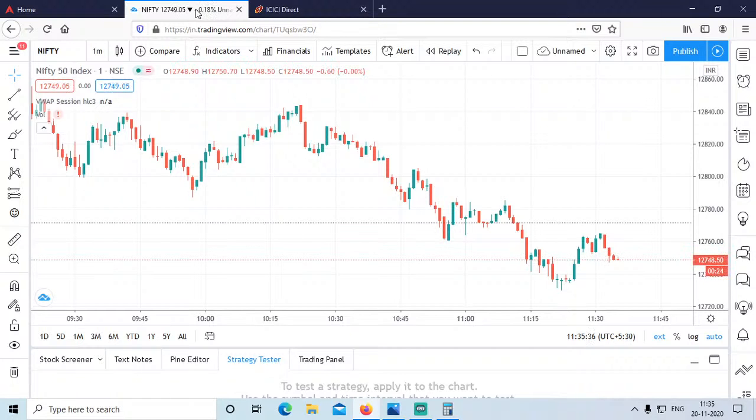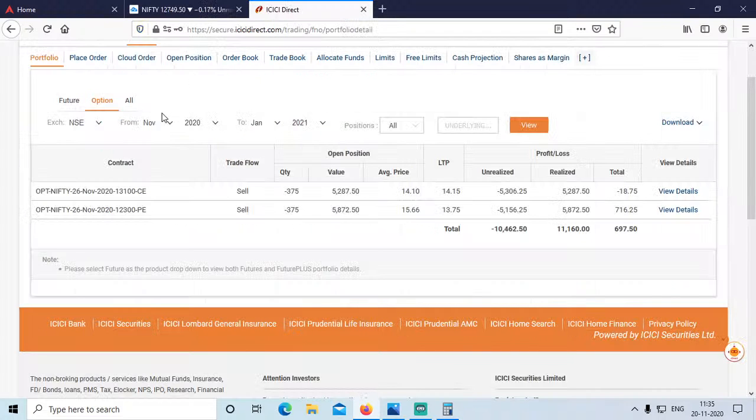And of course, if your strategy and analysis is very good, you can easily make money. But if your analysis is wrong, your entire capital may go for a toss on expiry day. So expiry day is not good for beginners but for expert people.